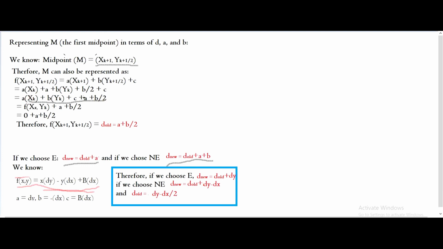And this part up to C can be represented by f(xk, yk).